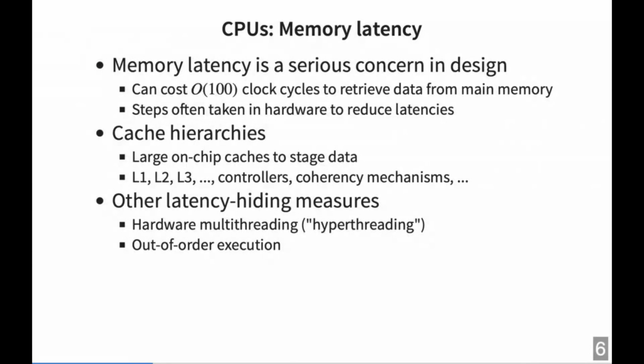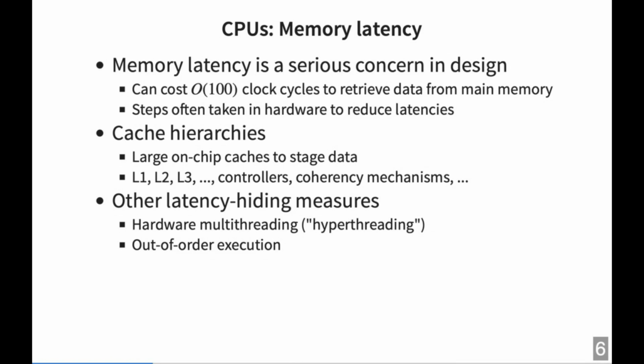So here's the second performance factor we wanted to think about. This is one of memory latency, and this is really a serious concern in processor design. It can cost you of order 100 or even of order 1,000 clock cycles to retrieve data from main memory.